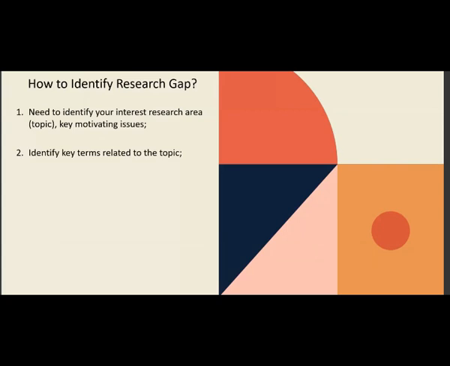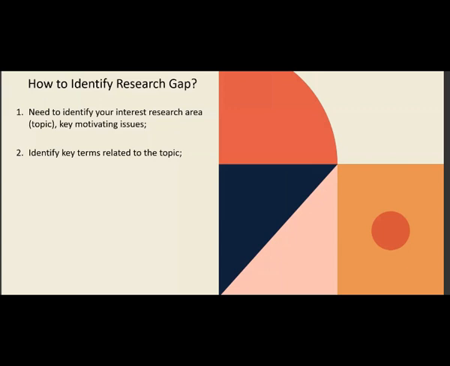So for yourself, for your topic, once you identify your research area, you need to identify what are the keywords for your research. Because this will lead you on how you find your literature.